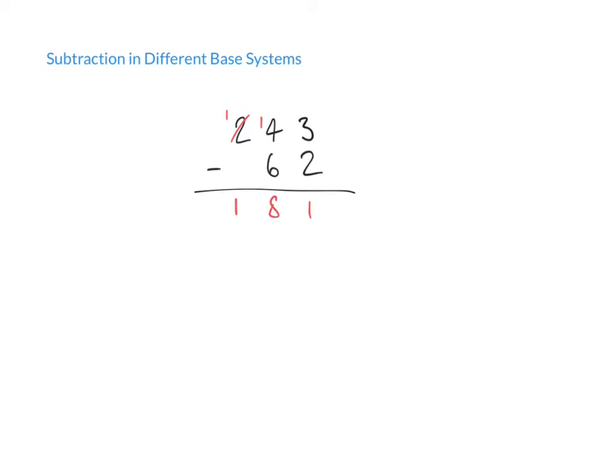So rather than borrowing 1 and putting a 1 in front of the number here, yes, that does work in the base of 10, but what we're really doing, if we think about it, is stealing a base from the next column, and our base is 10, so we're adding 10 to our number by borrowing from that next column. And that only applies because our numbers are to the base of 10.